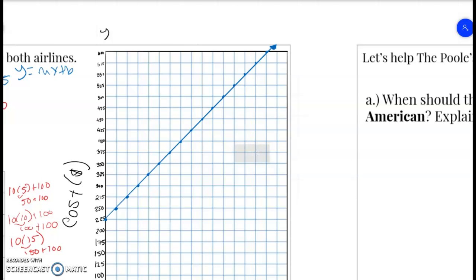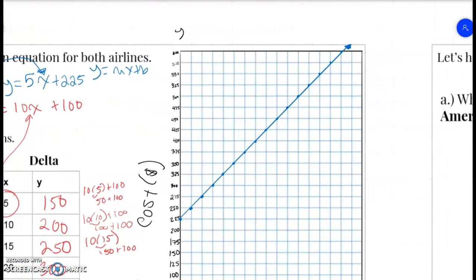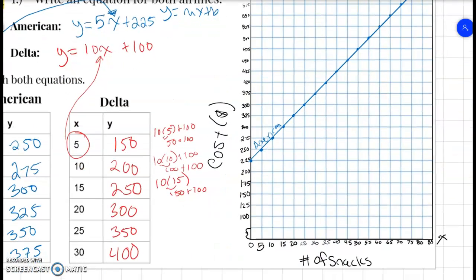So make sure you have a ruler if you're doing it on paper and taking a picture of it, or make sure you're actually drawing straight lines with the snipping tool. So there's my American. I can actually label it if I wanted to, so I'll label it now. And if it so happens that my Delta graph runs through it, that's okay.